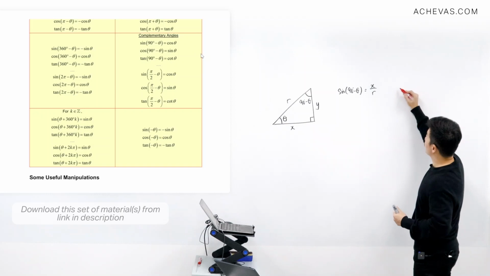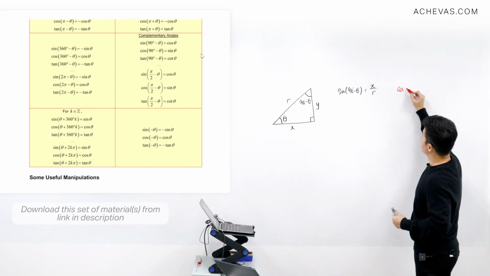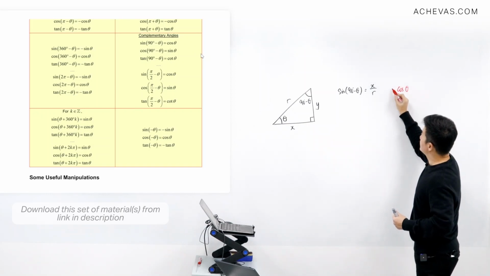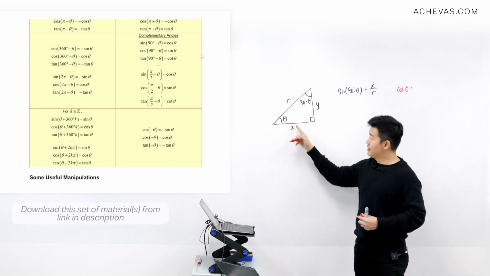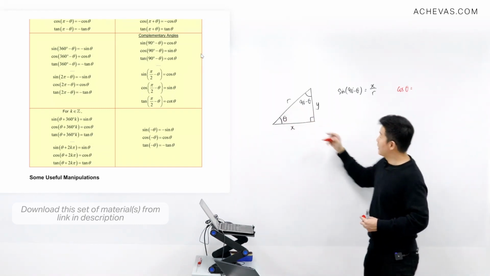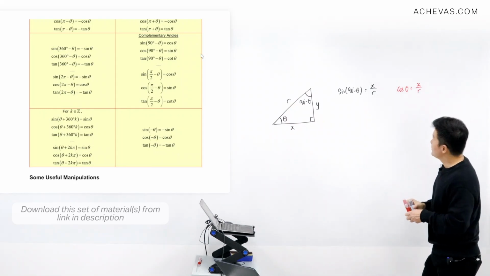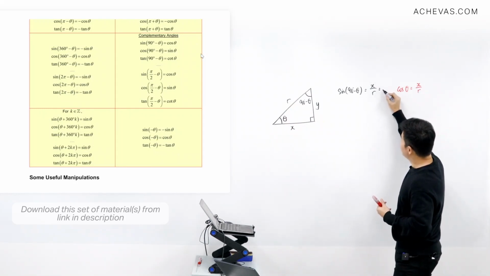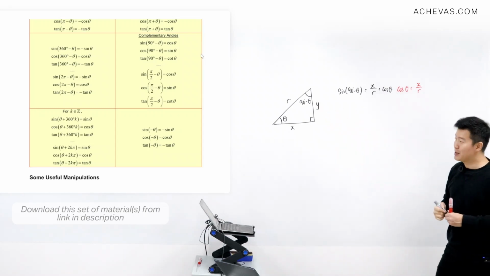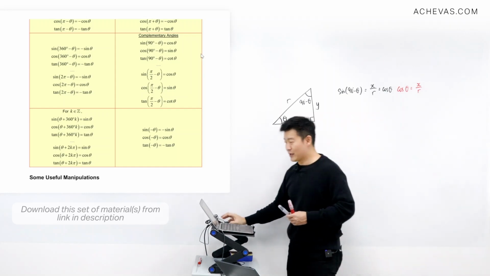When we do a cosine of theta. Cosine of theta is x over r, the adjacent over the hypotenuse. So this is also x over r, which means that this is the same as cosine theta, which is the first complementary angle result that we have here.